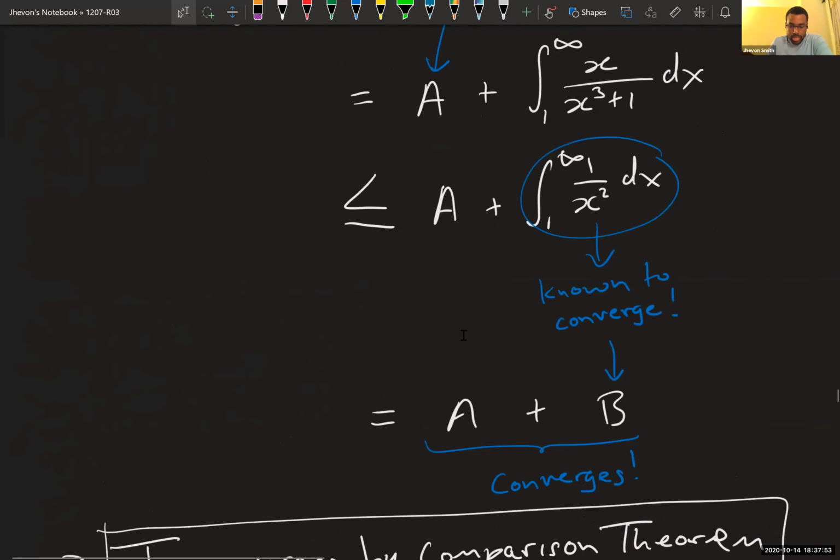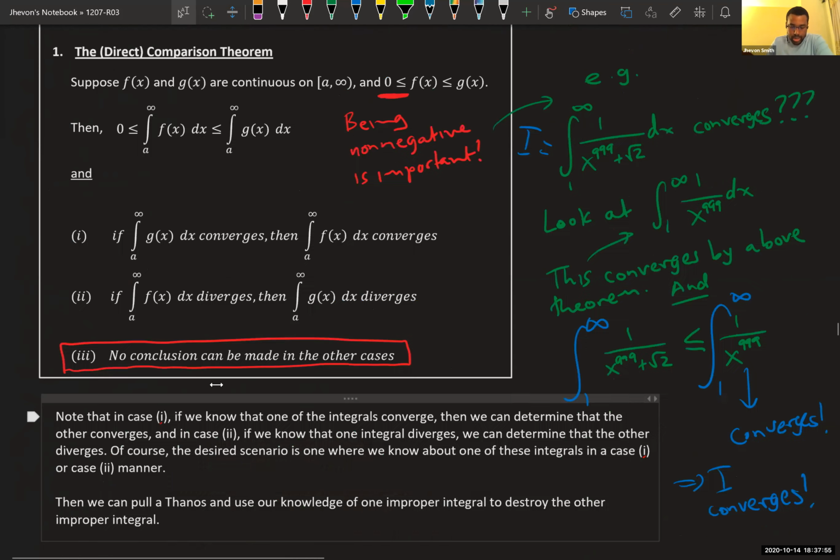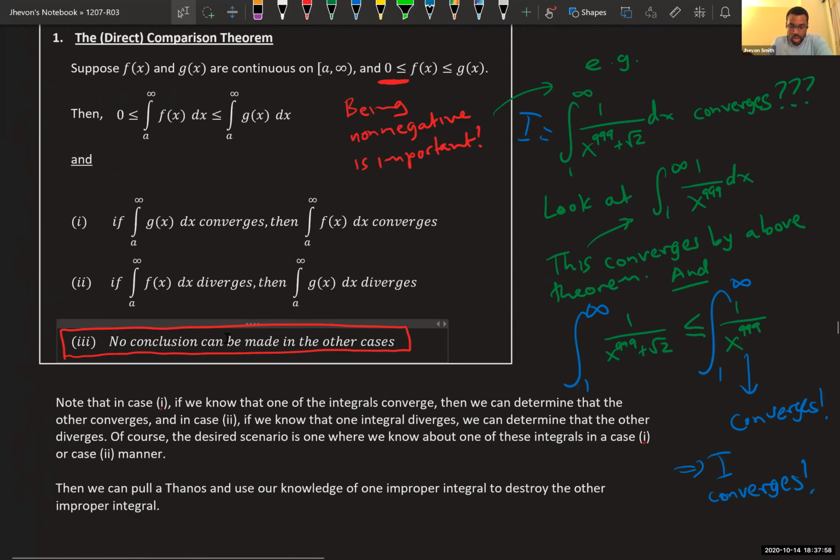So again, it comes down to knowing what the theorems say. And in the box here, no conclusion can be made in any other cases. If the bigger one converges, I can conclude that the smaller one converges. Or if the smaller one diverges, I conclude that the bigger one diverges. Every other scenario, I can't make any conclusions.